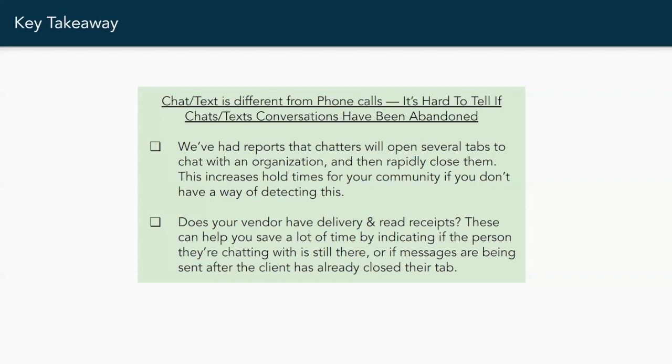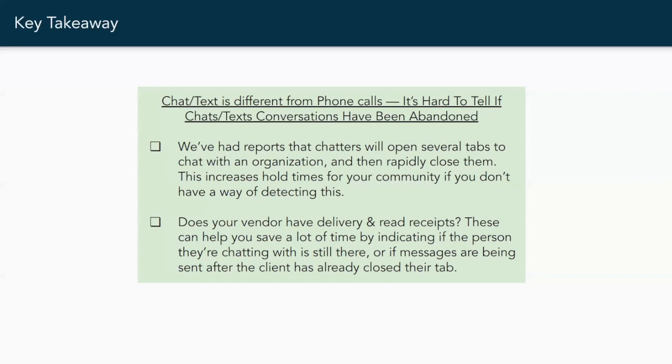And understandably, that's not what a lot of agencies want out of crisis services, and especially out of domestic violence services. So we've talked with agencies that might be running into an issue where a chatter will open several tabs and then close a tab, but the advocate doesn't necessarily see that the chatter is no longer there.